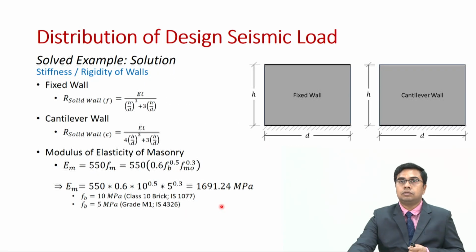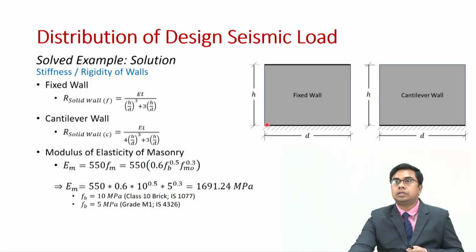For a fixed wall, which means the fixity is at the bottom as well as the top, the rigidity or stiffness of a solid wall without opening is given by Et divided by (h by d) whole cube plus 3 times h by d.